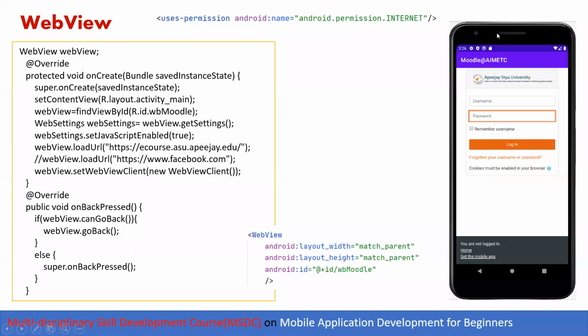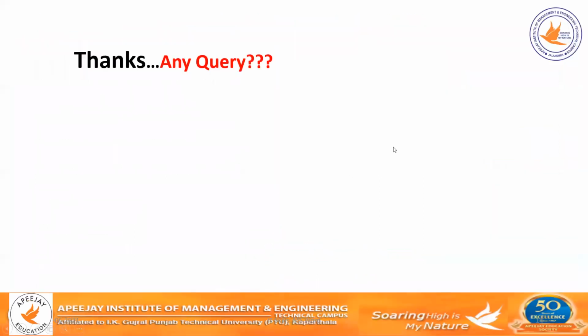For example, I have created an app for Moodle. The moment I put in my URL here, https://ecourse.asu.edu, and create this small piece of code, my app is ready. The moment I install this app and click over here, I see I have created an app which shows all the functionality of Moodle.